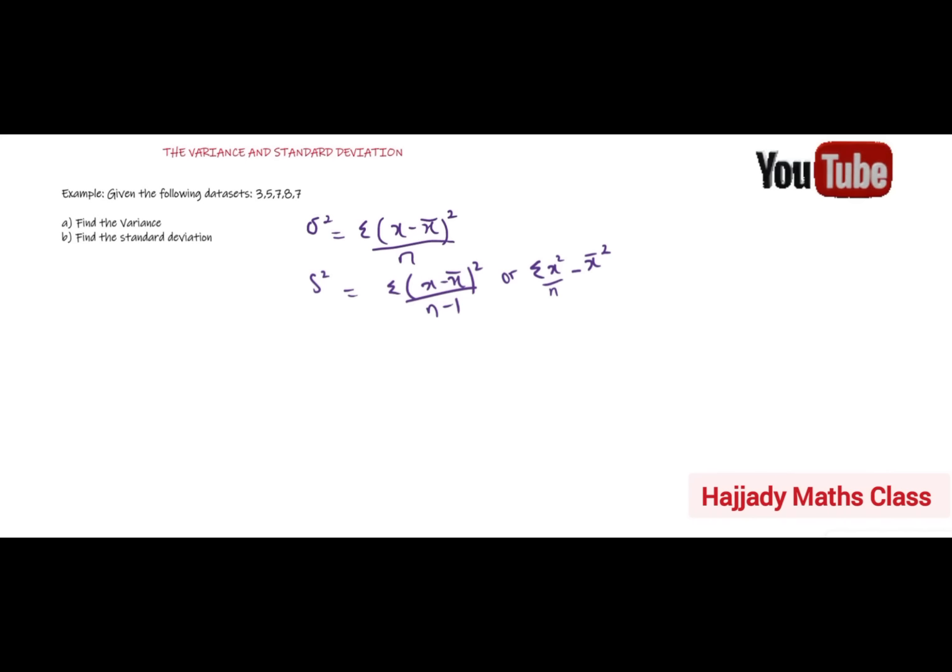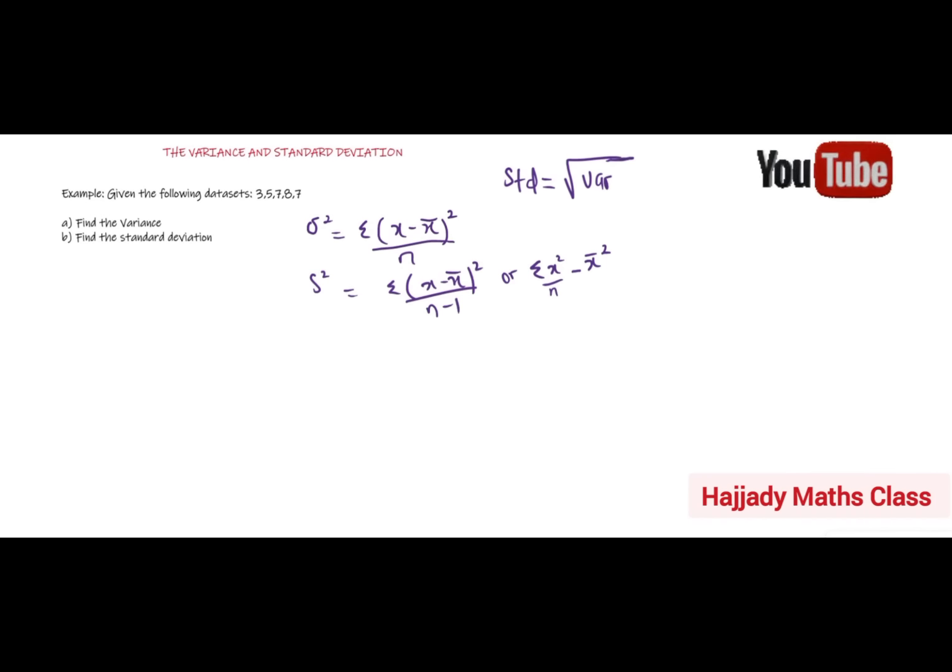Here we are told that given the following data set 3, 5, 7, 8, 7, find the variance and also the standard deviation. Before I proceed, don't forget that our standard deviation, I'm going to use STD to represent that, is the same thing as the square root of the variance. So whatever you get for your variance, just find the square root. That is equivalent to our standard deviation.